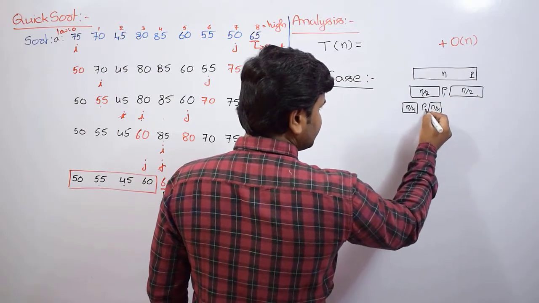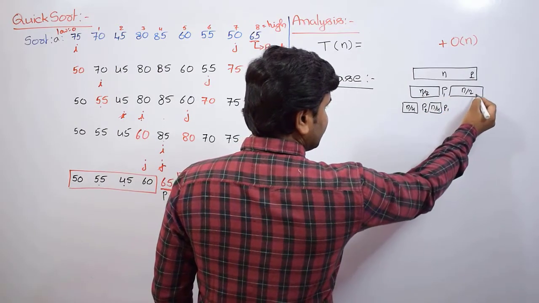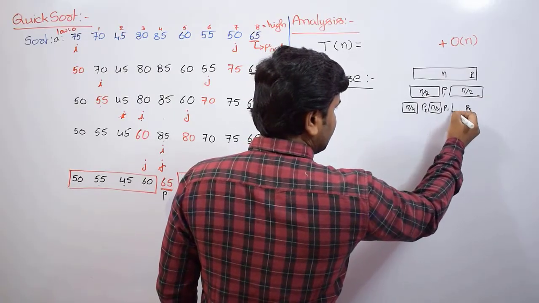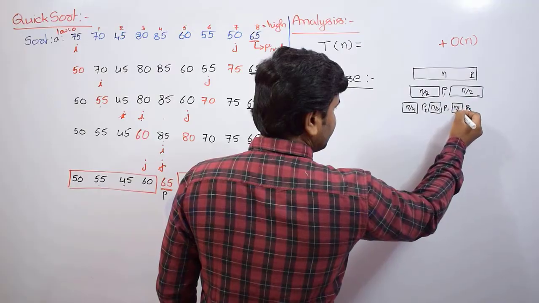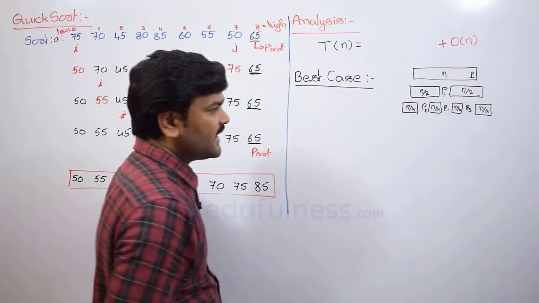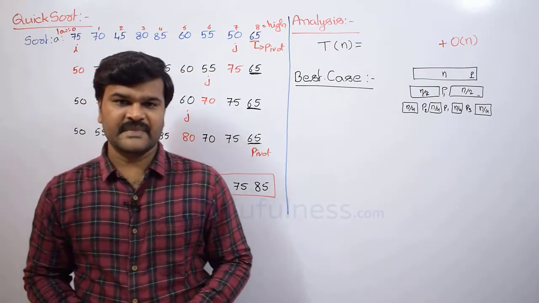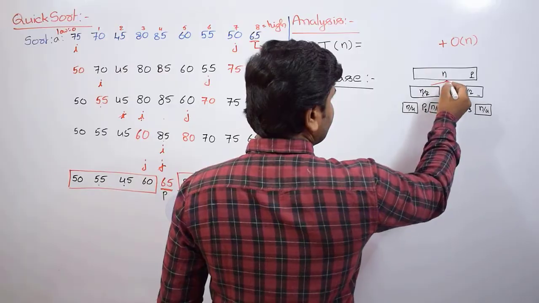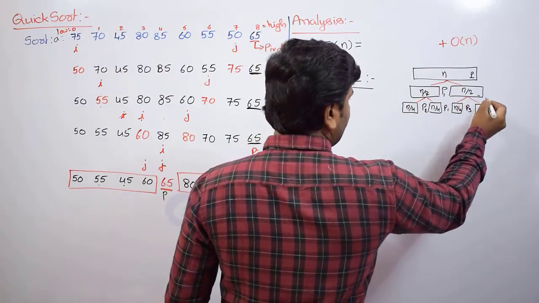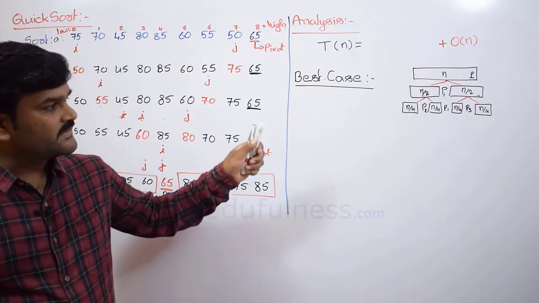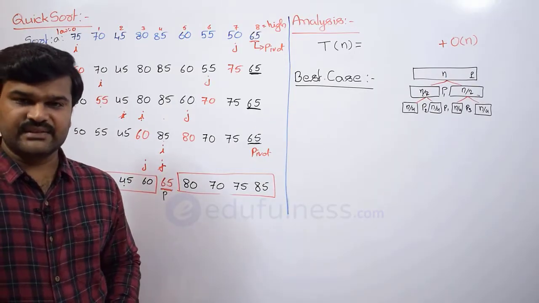Let us take P1, this is P2, and here the pivot element P3, and this subproblem has approximately n by 4 and this subproblem also approximately n by 4. Like that, in every iteration the pivot element goes to the middlemost position. That is going to become the best case of quicksort actually.